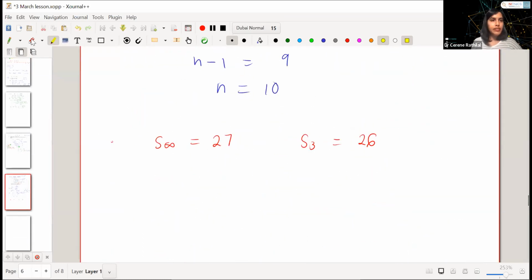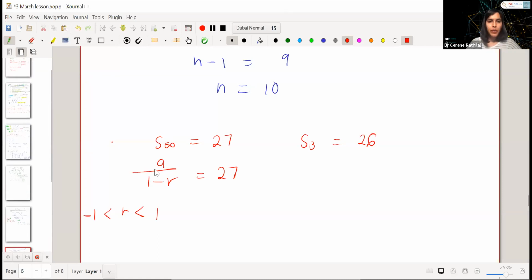So that means in this situation that what I've got is A divided by 1 minus R equals 27. And more importantly, I know that R is between -1 and 1, which means that this formula here is going to be given by, what is that one going to be given by?